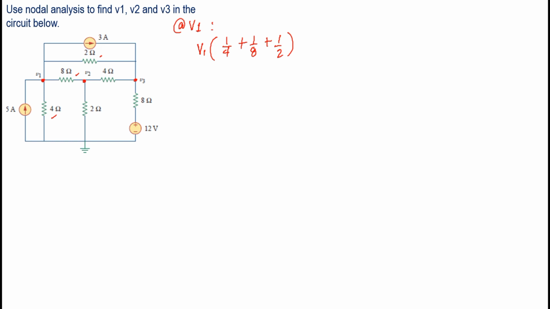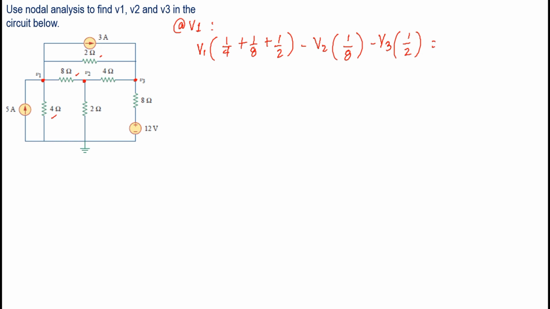Then, look for the nodal voltages that have a common resistor with the node V1. So, we have here V2, right? V2 has 8 ohm in common with V1, so 1 over 8. Then V3, connected also, the common is 2 ohm.